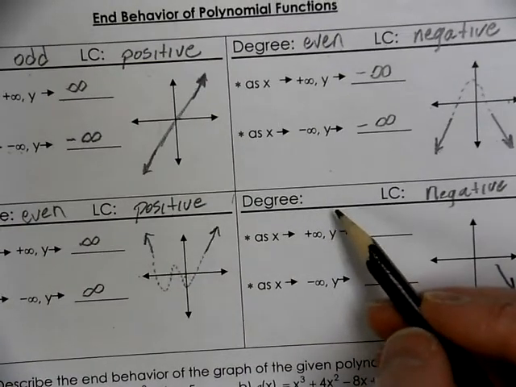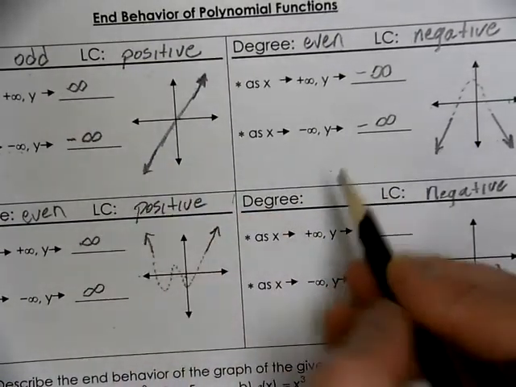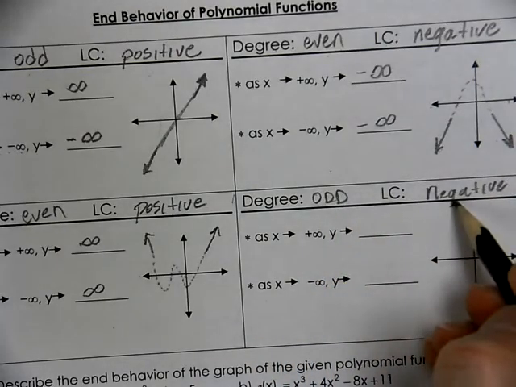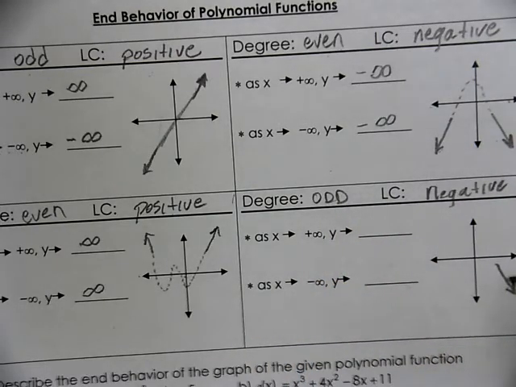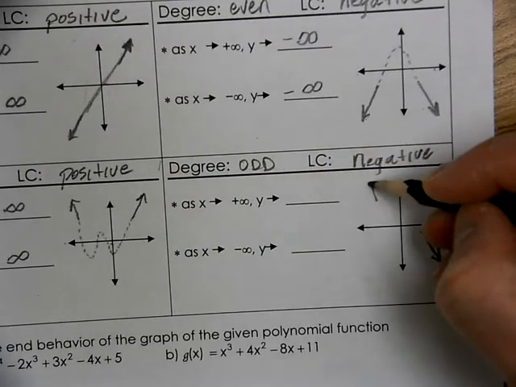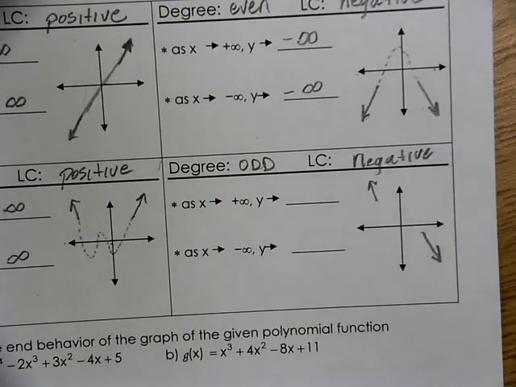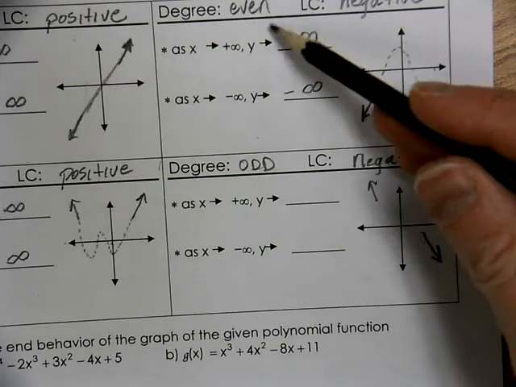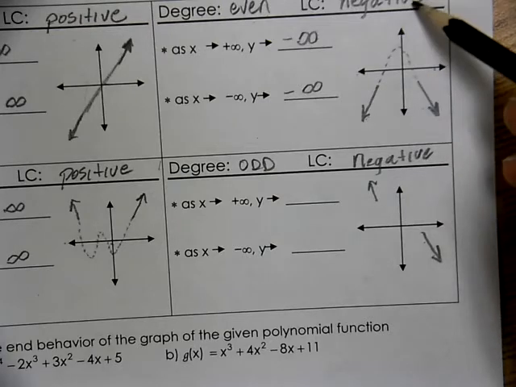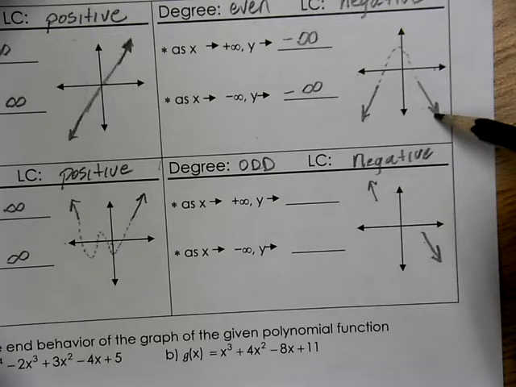Now the one that we haven't talked about is an odd degree that is negative. The odd tells you it goes in opposite directions. Odd is opposite, even is the same direction. If it's negative, it's falling.